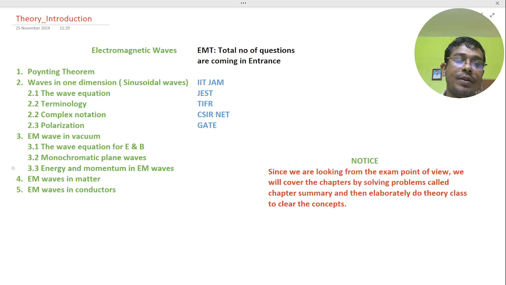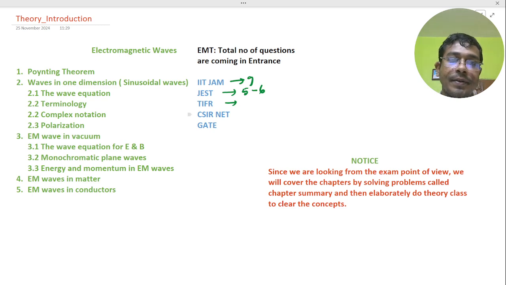energy and momentum in EM waves in matter, EM waves in conductor, and the total number of questions coming in entrance exams like IIT JAM. Basically for the JAM exam we have 9 questions. For JEST 5 to 6 questions are coming.